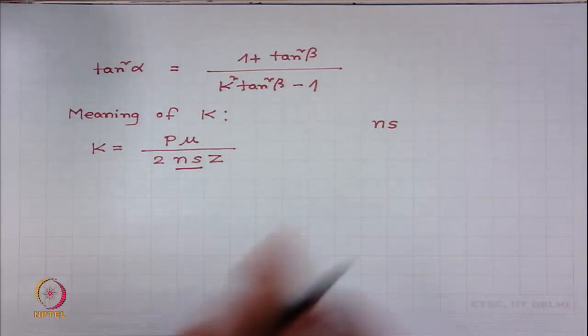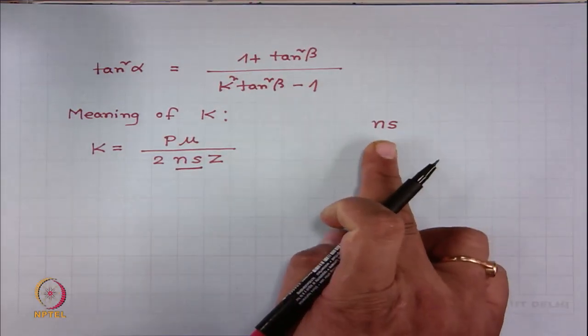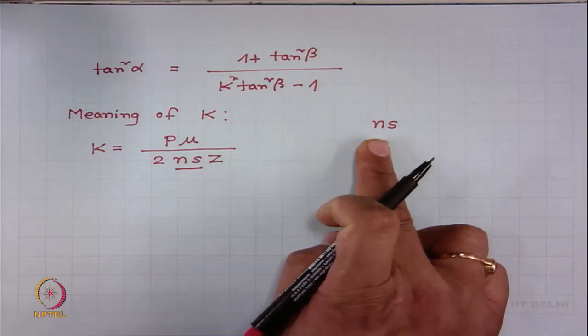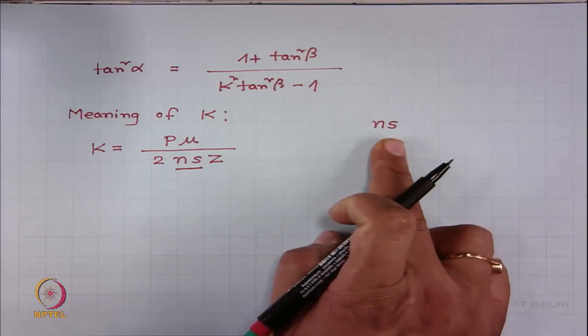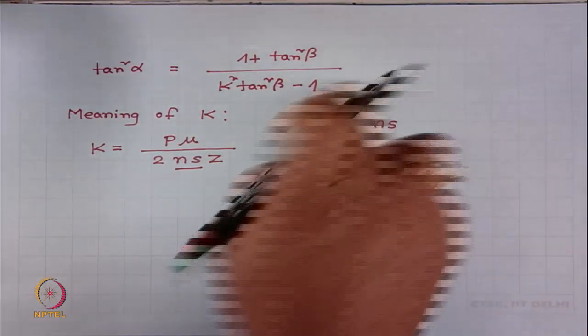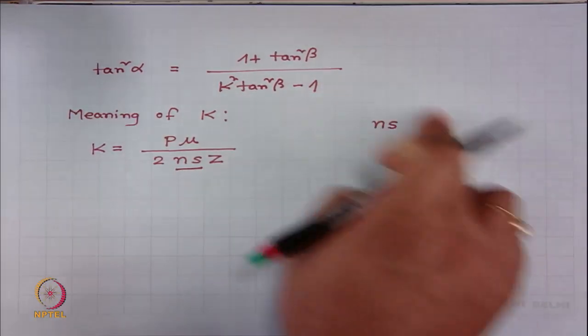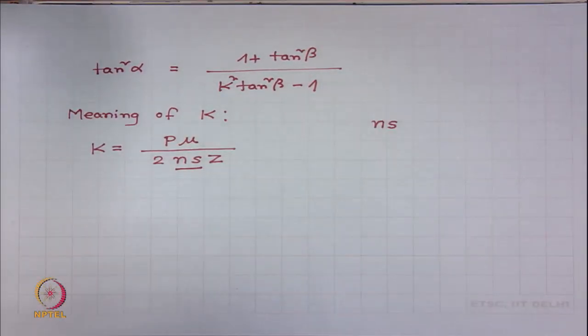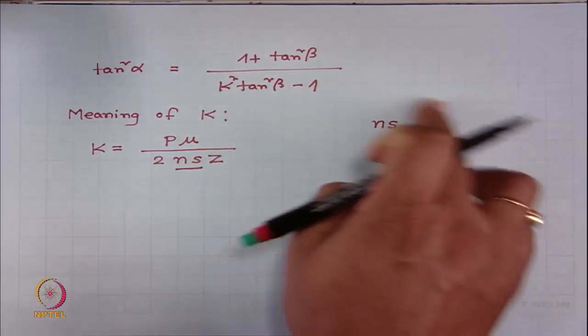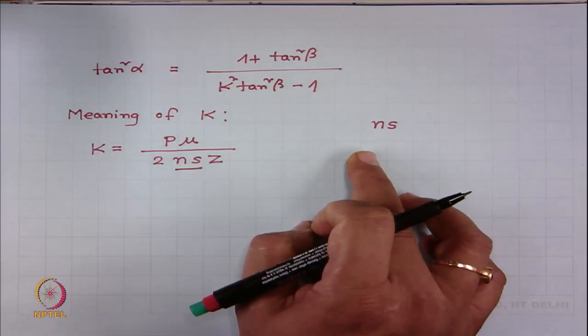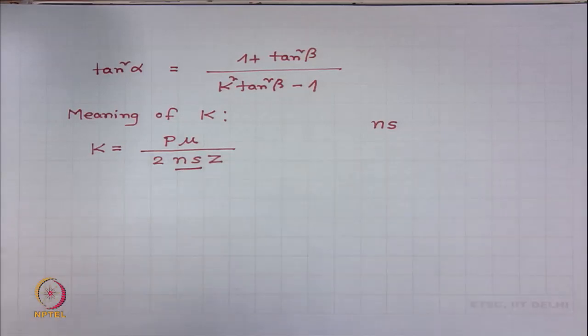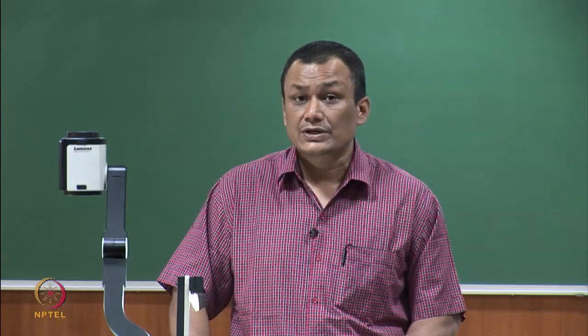Now, let us think about this quantity n times S. What is this quantity? Number of fibers in yarn cross section multiplied by cross sectional area of a fiber. So, this is the cross sectional area of all fibers when they are parallel. That means, this is basically the substance cross sectional area of a parallel fiber bundle. The concept of substance area we introduced in module 2.